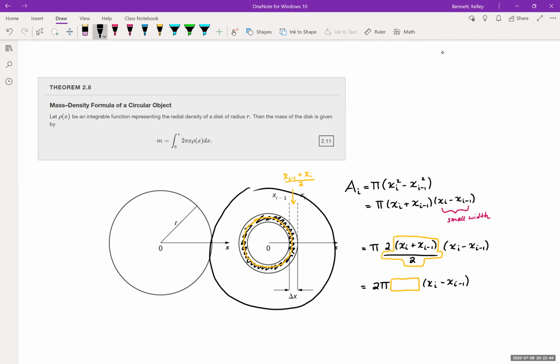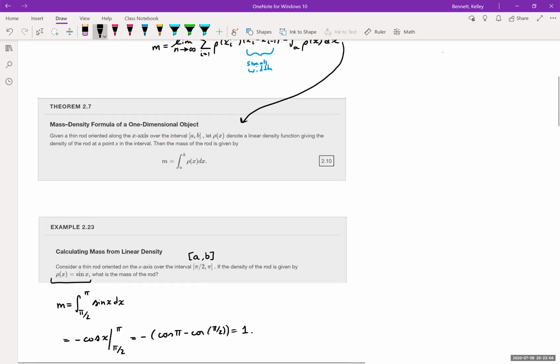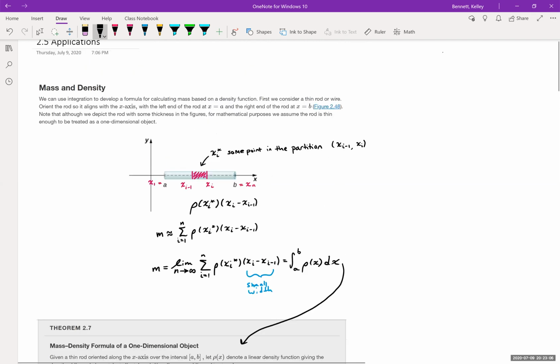Okay, next mind trick, next thing you have to convince yourself of. The midpoint, x sub i minus 1 plus x sub i over 2, is some point in the partition from x sub i minus 1 to x sub i. Scrolling up really quickly, what did we call that earlier? We said x sub i star is just some point in that partition.